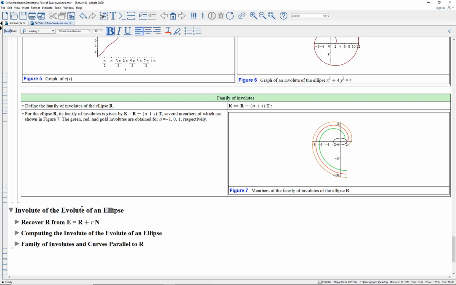Because this investigation is to see if you can recover R from the involute of the evolute. Just can you get R from the evolute? So here's what I tried.